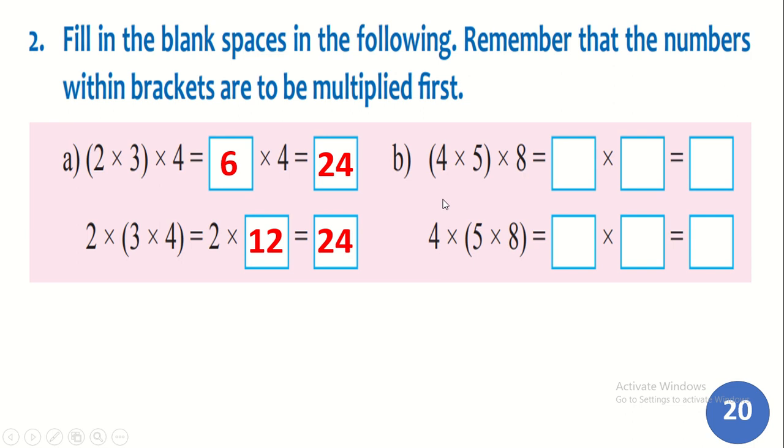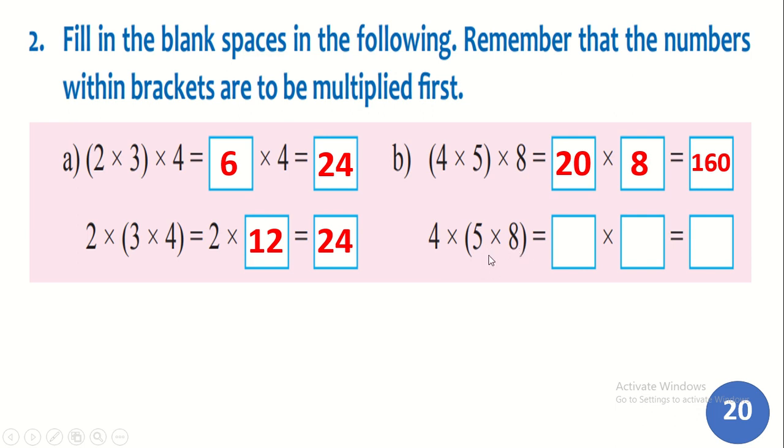Letter B. 4 times 5 times 8. First is the bracket. 4 times 5 is 20, and then times 8 is 160. Correct, students? Next is 4 times, the brackets here, 5 times 8.